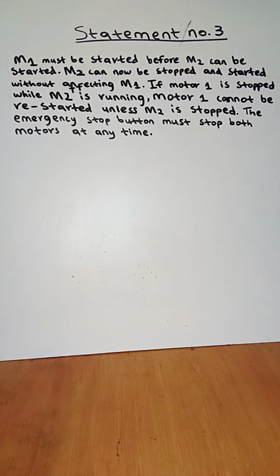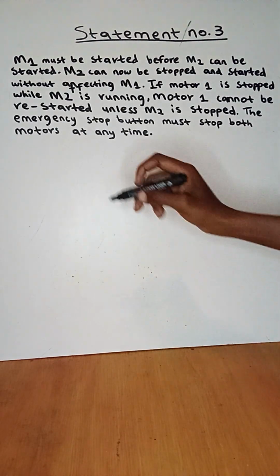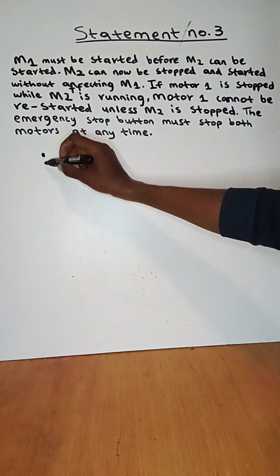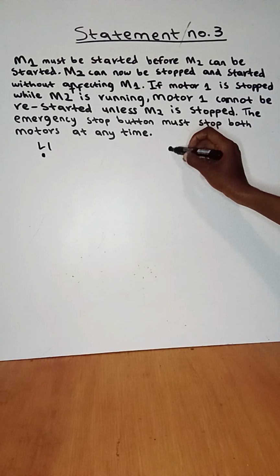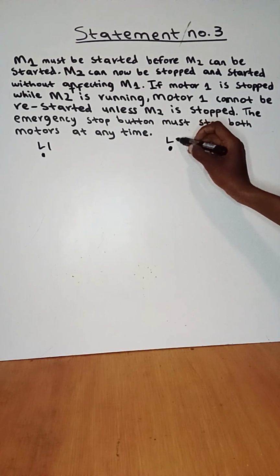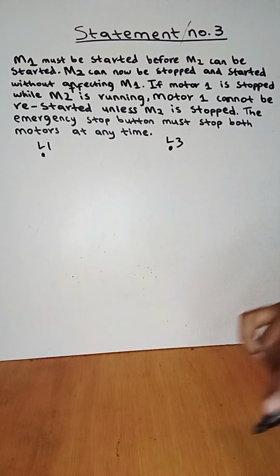Right, now we will draw the sketch together. From the sketch, we must remember that we must start with our supply voltage. From our supply voltage, we have live 1 and live 3.